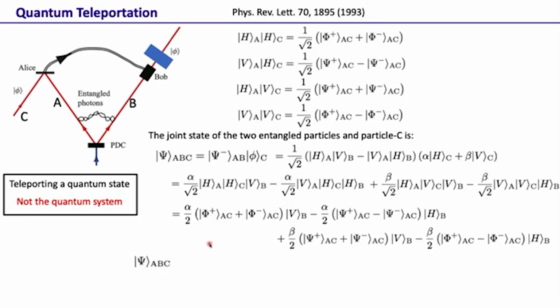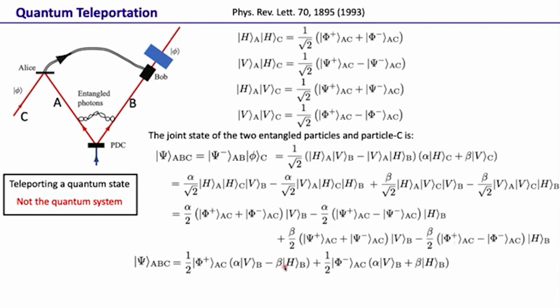So let's rearrange this equation one more time, and let's collect all the coefficients we have with phi plus, phi minus, psi plus, psi minus, and so on. So let's first do it for phi plus. With phi plus we have phi plus AC, we have this VB from here with alpha, and 1 over 2 comes over here, and then we have another phi plus over there, and that has HB with a beta by 2.